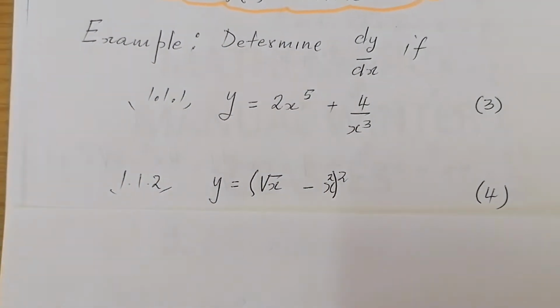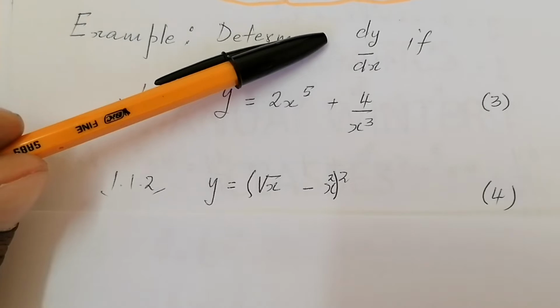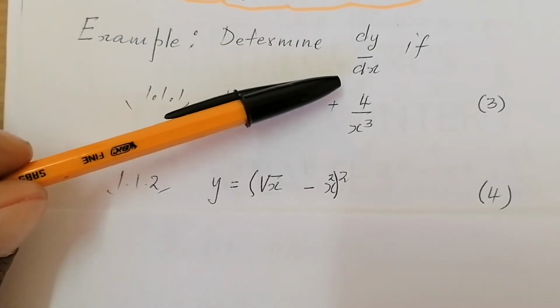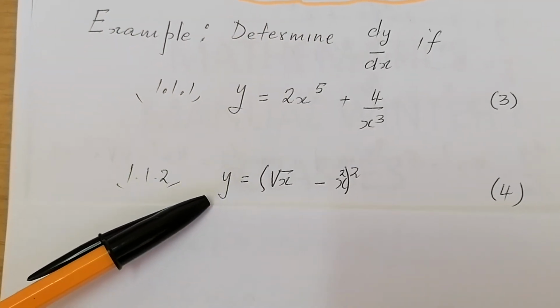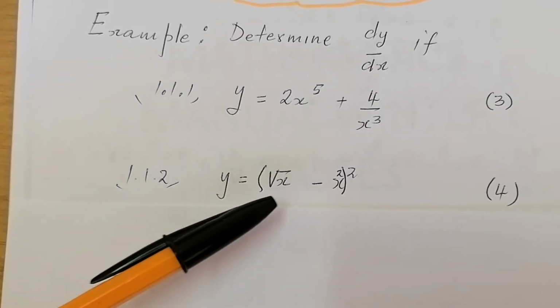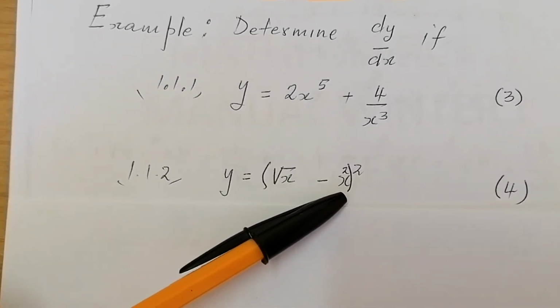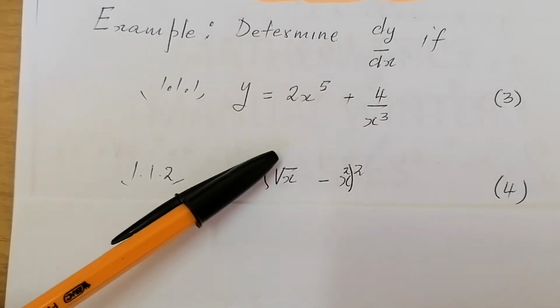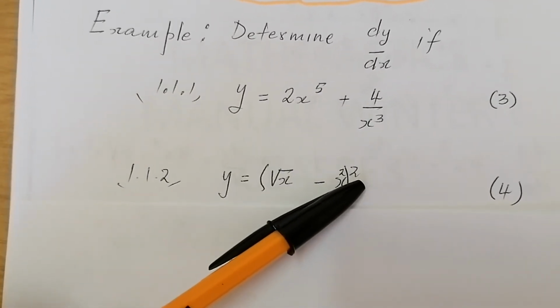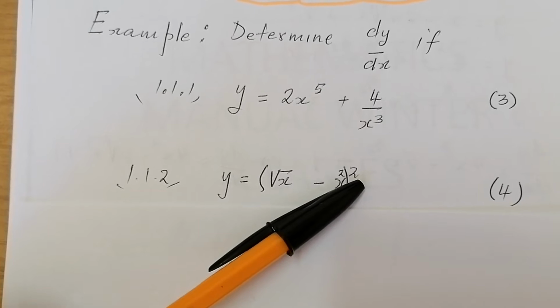Next problem. We are still differentiating the function y with respect to x. The function is now y is equal to square root x minus x to power 2, all raised to power 2.